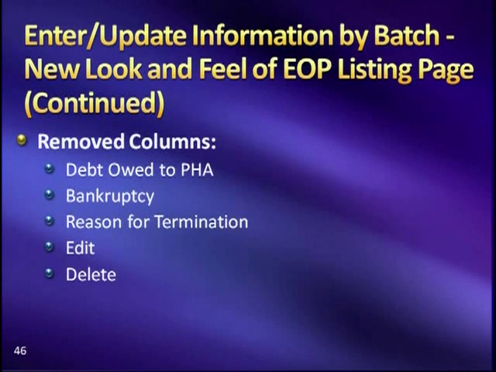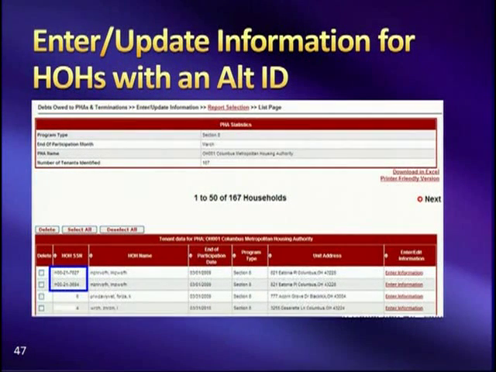These are the columns that we have removed: the debts owed to PHA, the bankruptcy indicator, reason for termination, edit, and delete columns are now gone. Now, this is the enter update information for head of households. You will always see your families who have an alternate ID listed first. So if there's nothing adverse to report for these families, you can simply delete those.